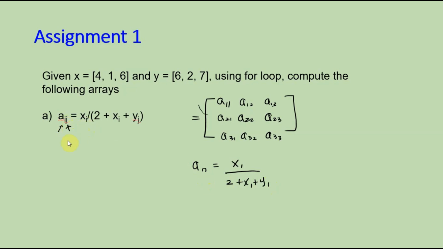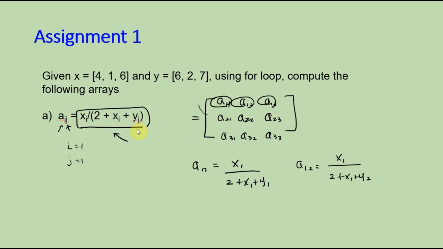When i is 1 and j is 1, I just replace ij with this number. How about A12? A12 is i is 1, j is 2, so this is x1 divided by 2 plus x1 plus y2. So each element should be computed by using this equation. So i is a row number, and j is a column number.